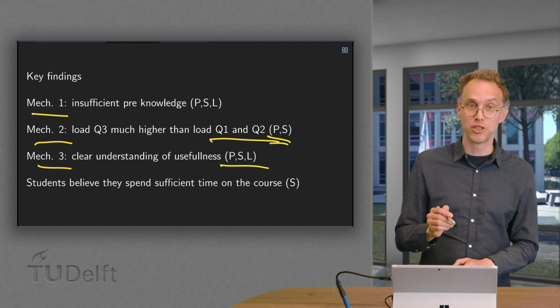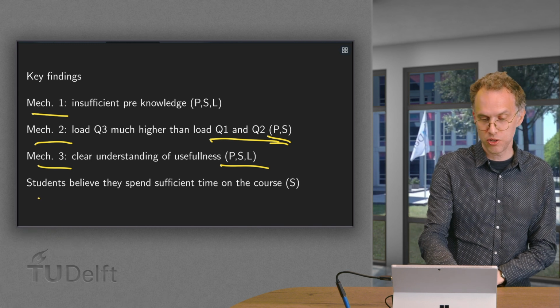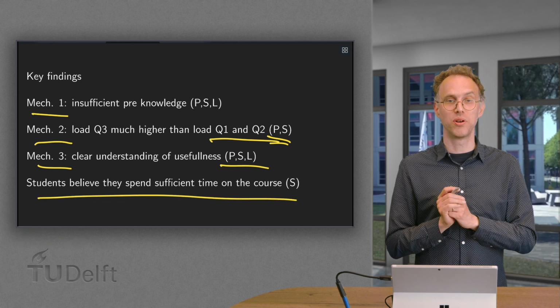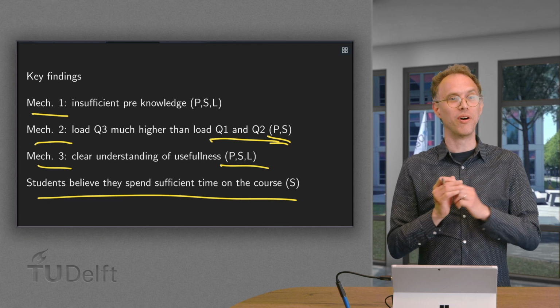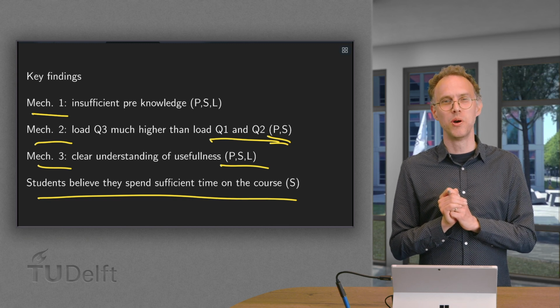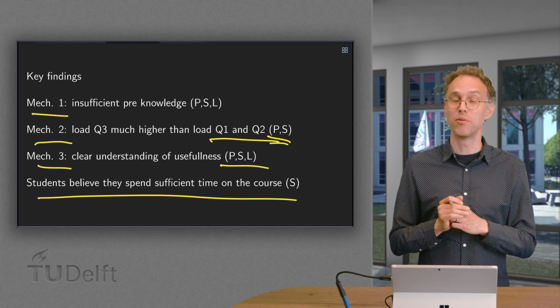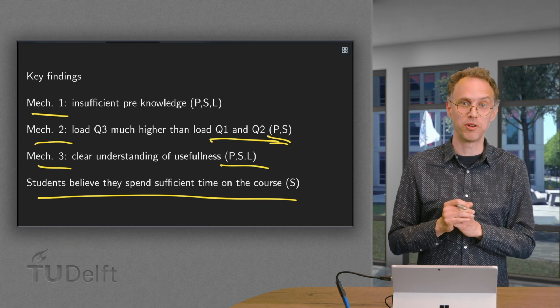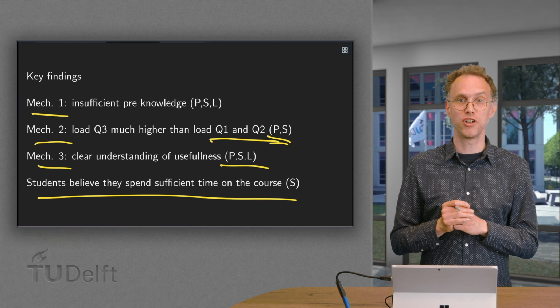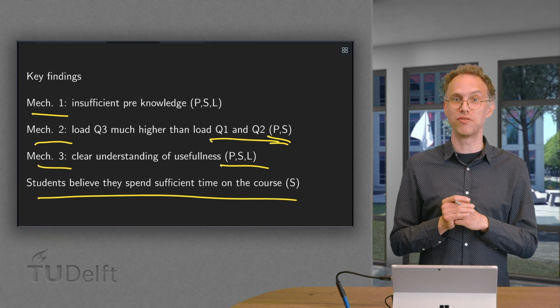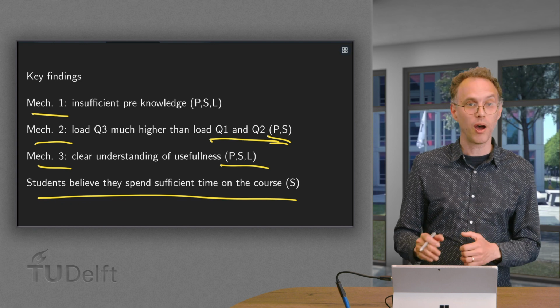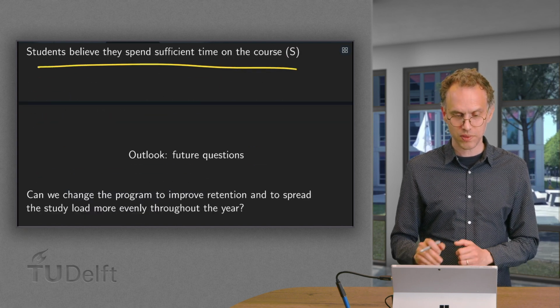However, then we had a surprising outcome. Students believe that they spent sufficient time on the course. Well, living happily ever after, right? Well, not exactly, because although they believed they spent sufficient time on the course, the results of quite a number of students were dreadful, really, really bad. So I wondered, what is going on then?